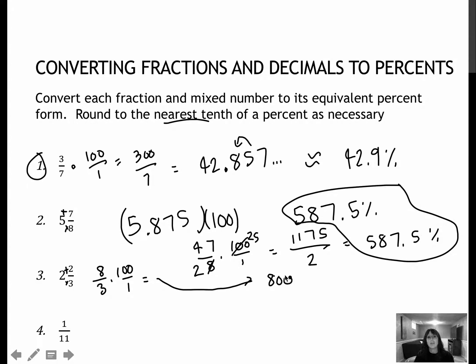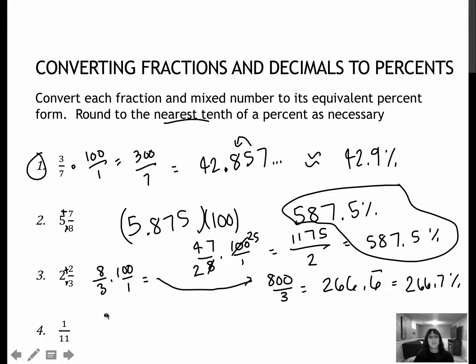So I get 800 over 3. 800 divided by 3 gives me 266.6 repeating. It just keeps going and going and going. And so I would round that to the nearest tenth as 266.7%, because of course that next 6 would round this 6 up to a 7. Make sure that everything is being labeled with that percent sign.